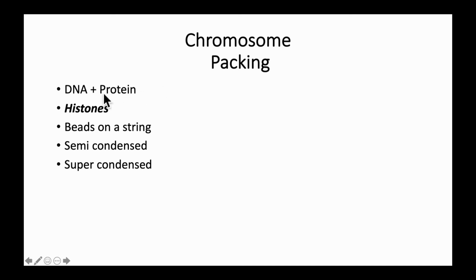What exactly is this protein? The proteins that we're talking about are histones. So when you take genetic information, DNA, and it gets wrapped around these histone proteins, we call it chromatin. And again, it appears to look like beads on a string.